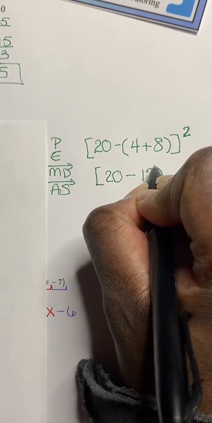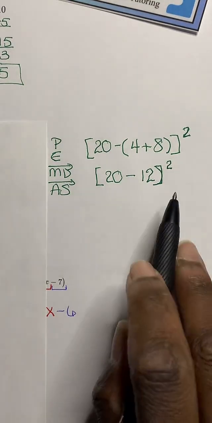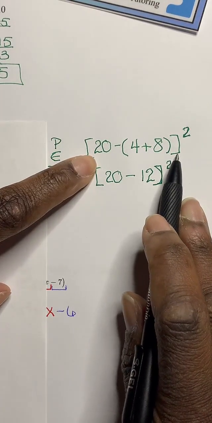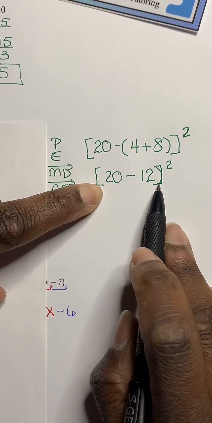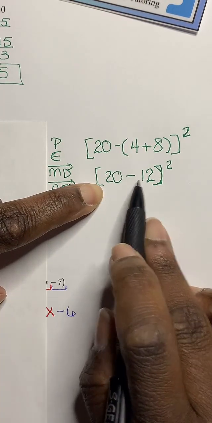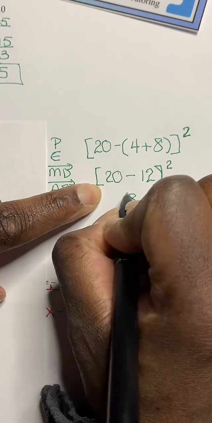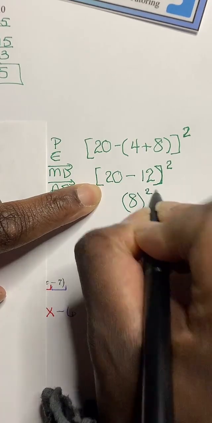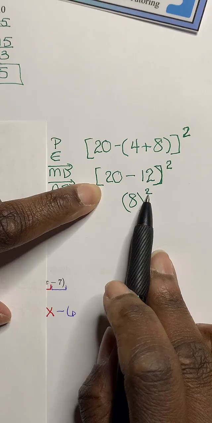That's supposed to be a bracket. Raised to the second power. Now, we had this bracket. So we still got some work to do inside of this bracket. So we got 20 minus 12. So 20 minus 12, that gives us 8. So now we got to do 8 to the second power.